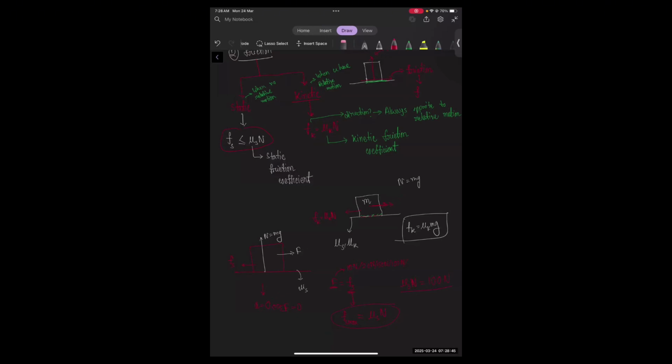But then, as soon as I cross 100, let's say I make it 101 newtons, the friction force is not 101 newtons. Why? Because this now has crossed the maximum possible value of the friction force. That was 100. So what happens? It starts moving. Then you leave the static regime and move into the kinetic regime, because now there is relative motion.